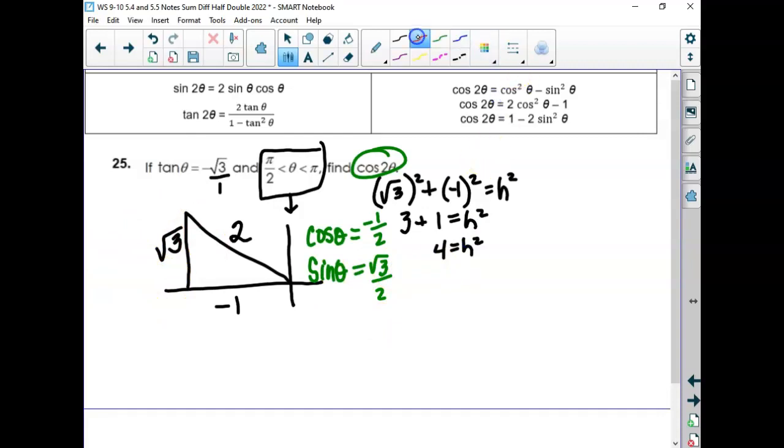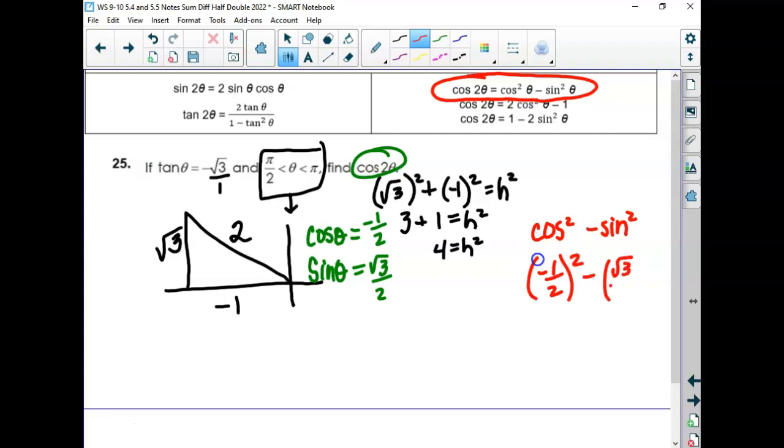So then when I go up here, I'm supposed to do cosine squared minus sine squared, which would be negative 1/2 squared minus square root of 3 over 2 squared. You can use your calculator, but this would become 1/4. What would happen if you square this, guys?